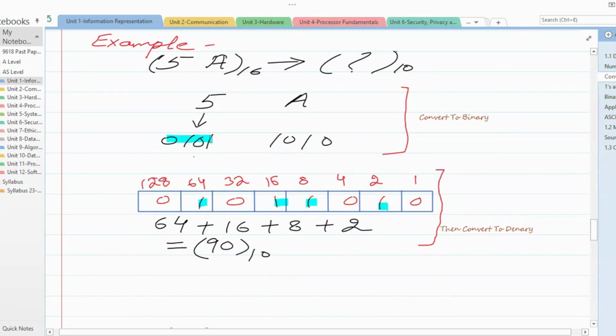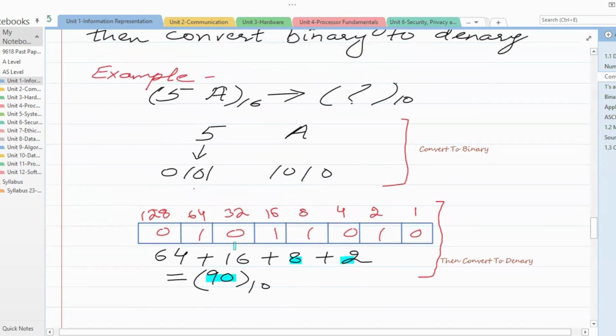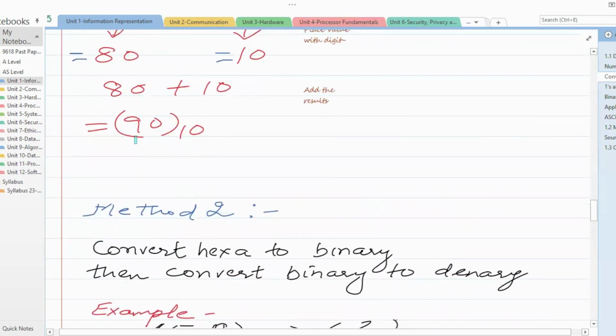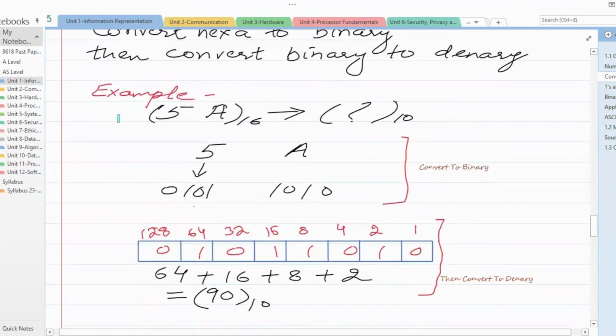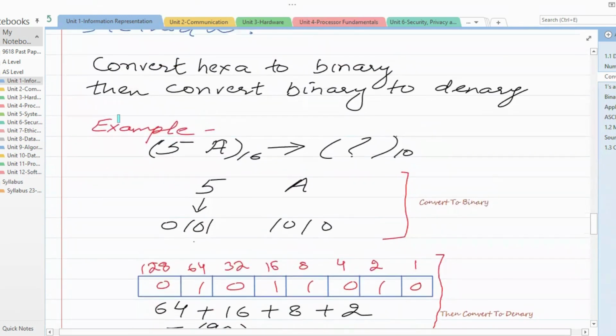So I have written this here, and then I have added all those place values wherever there is a 1. So 64 plus 16 plus 8 plus 2 gives us 90. And it is the same as the answer that we got here, right? So that's all as per the second method.